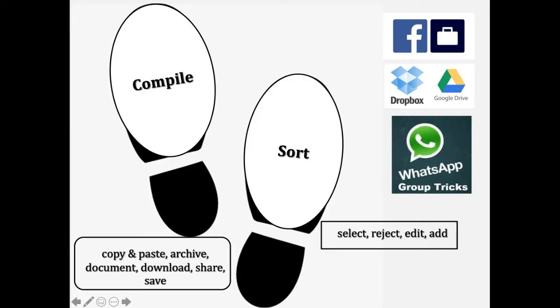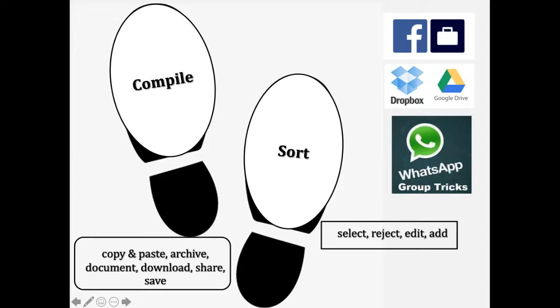The process here starts by you compiling, as we've just said, and sorting out things, classifying things. It's very important that we do that bit of classification. Now, the compilation part requires you to copy and paste stuff, archive, document, download stuff, share stuff, save stuff.